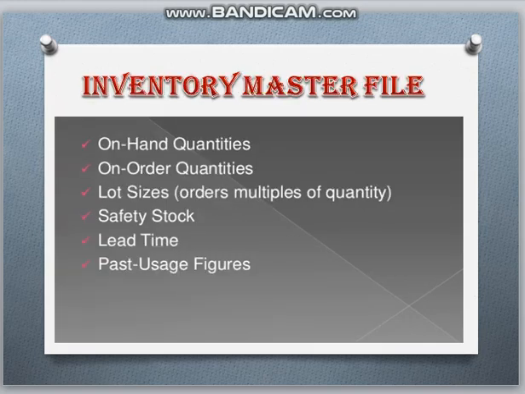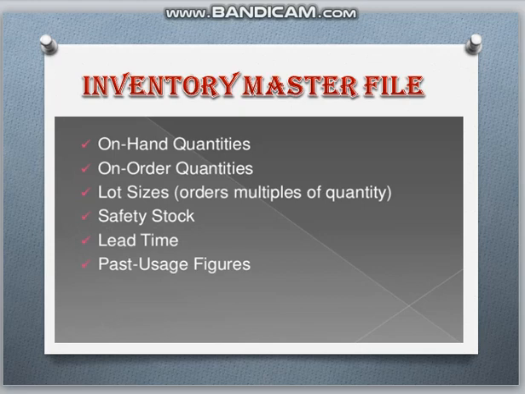Next, moving on to the inventory master file. This inventory master file provides how much we produced and how much is in hand. That is, it gives the quantities on hand and quantities on order.